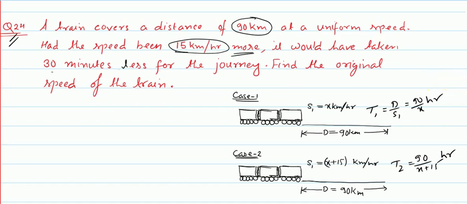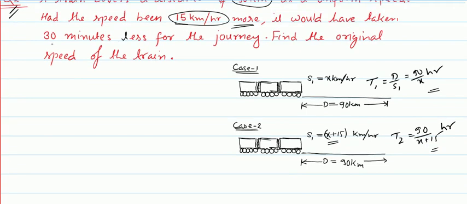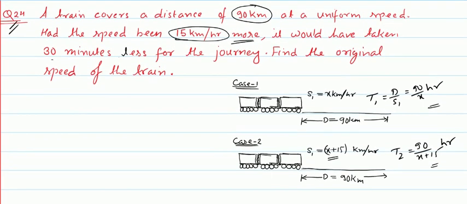Okay, so here what is happening, speed is x kilometer per hour, distance is this, then time will be this. Then in the next case, if speed is increased by 15 kilometer per hour, then in that case time will be this. Obviously the one which is moving with more speed will take less time.